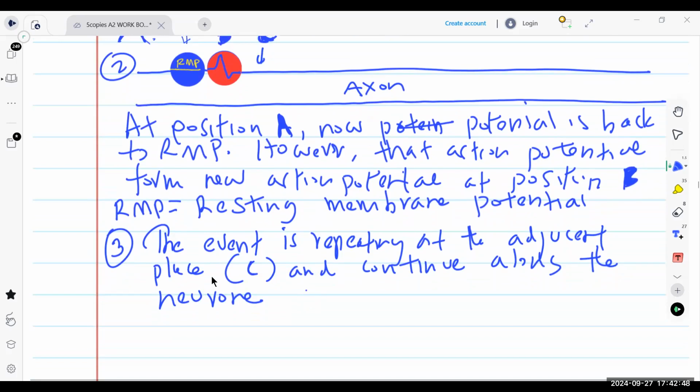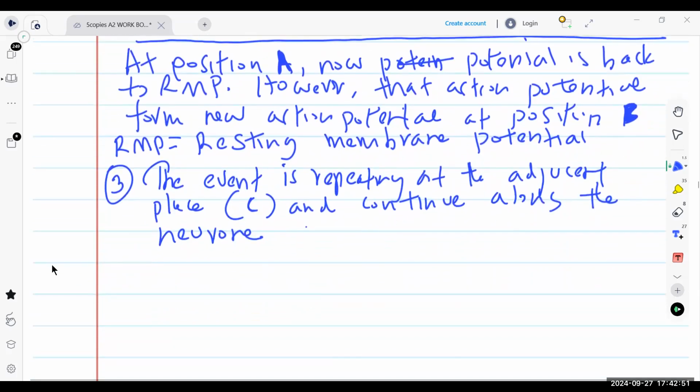Right, you can complete the note by writing the third step.